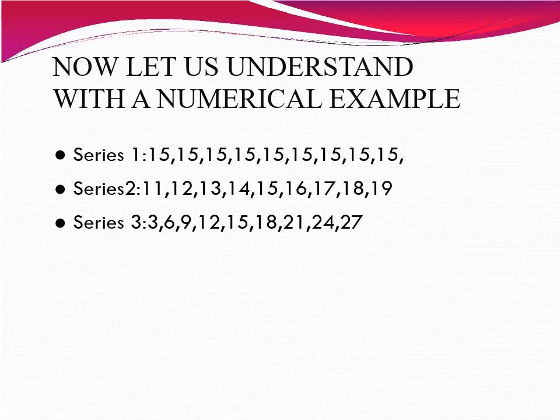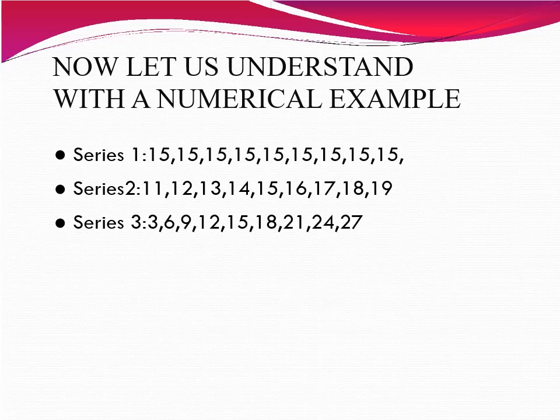Students, now let us understand the meaning of measures of dispersion and the need for us to learn it with a numerical example. Now I have put up three series on the slide. All the distributions which I have put up are not similar in nature. They differ in numerical size of their averages and in their respective formations also.